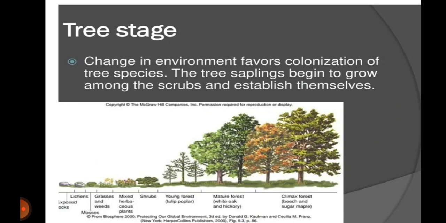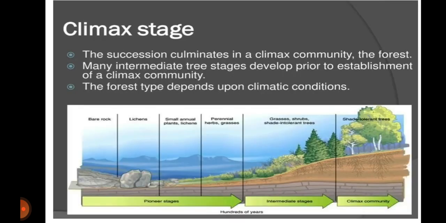In this stage, some xerophytic tree species invade the area, further weathering the rocks and increasing the humus content of the soil, favoring the arrival of more trees, and the vegetation finally becomes mesophytic. Thus a forest community finally develops.